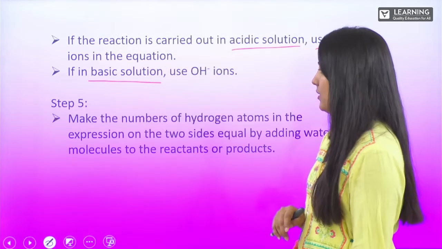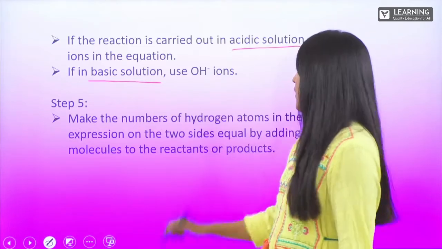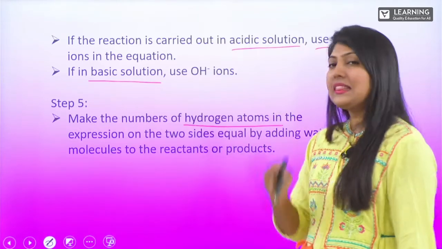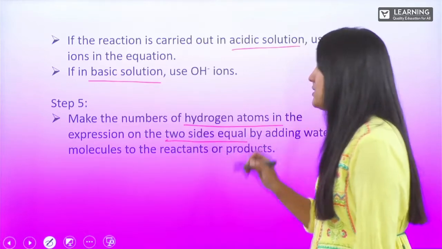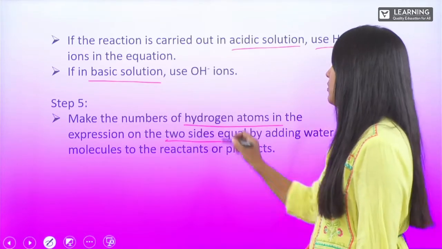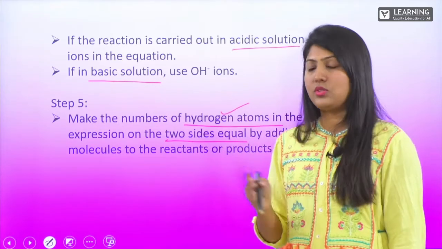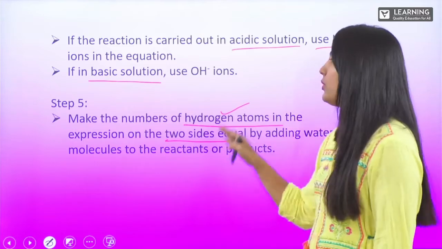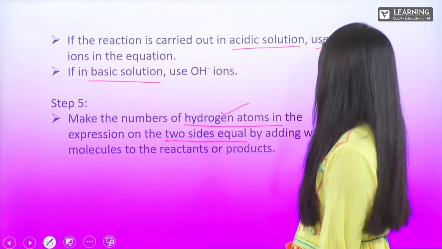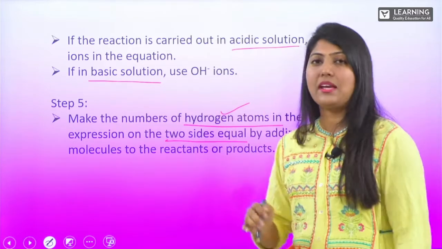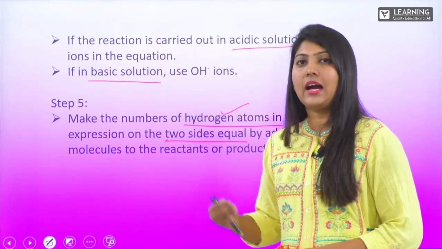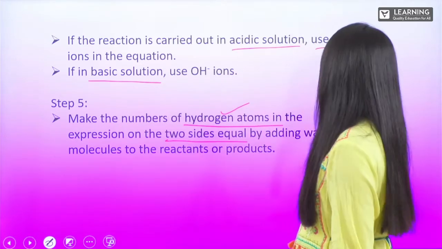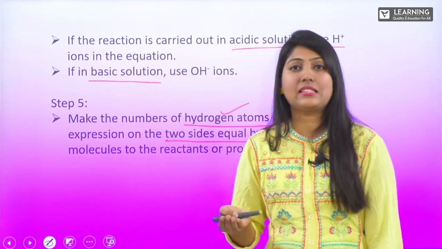Let us check the next step. Make the number of hydrogen atoms on both sides of the equation equal. How do you make this equal? Because we are adding either H plus or OH minus on either side of the equation, the hydrogen atoms will increase.